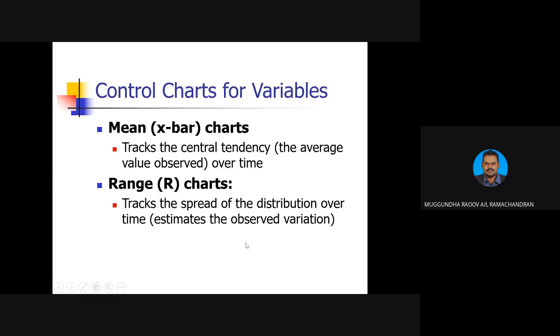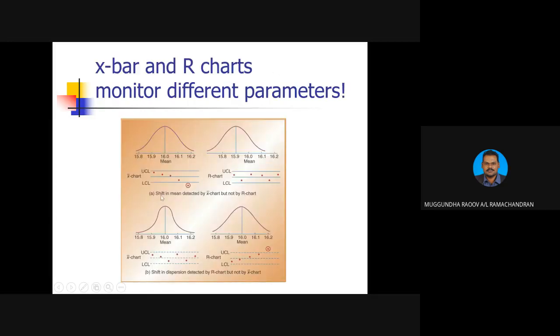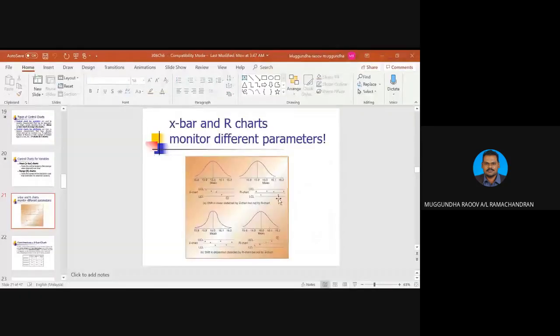For example, the X bar and R chart monitor different parameters. A shift in the mean is detected by the X chart but not the R chart. So this is the X chart, and this is the R chart. Basically the R chart uses the range, and range means the higher value minus the lower value.